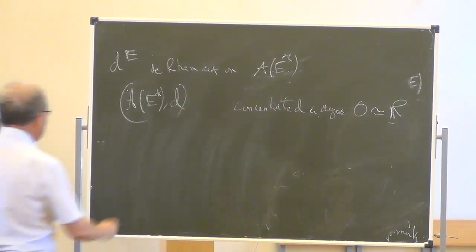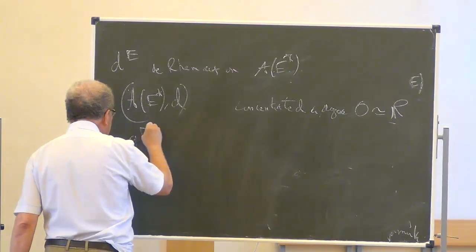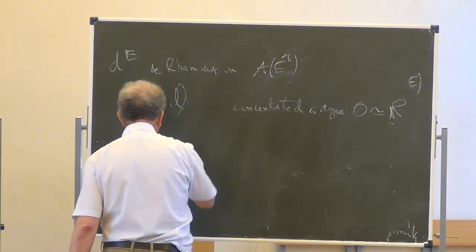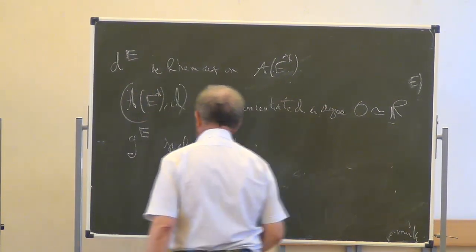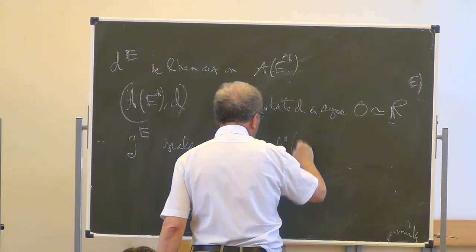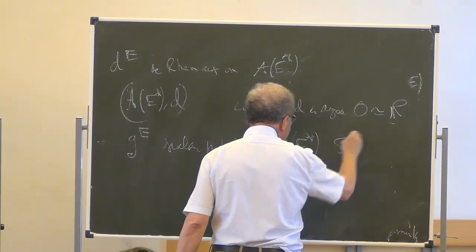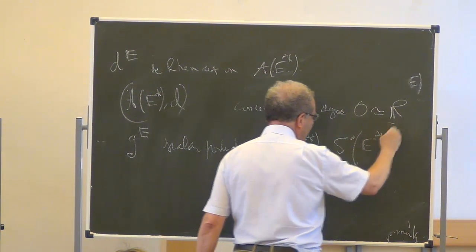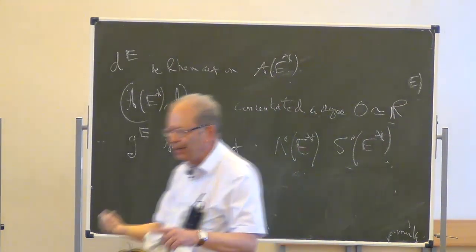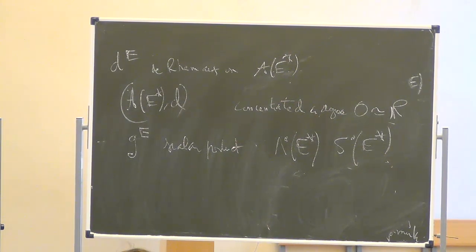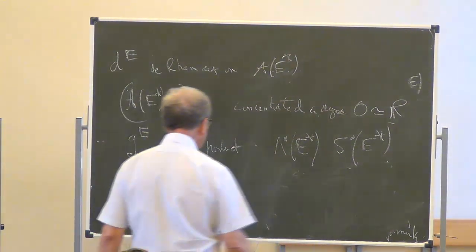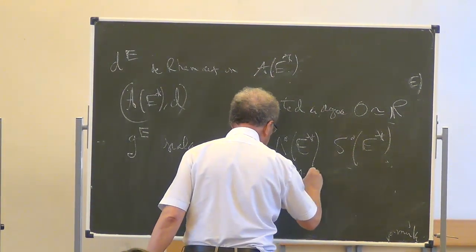So let me now introduce a metric g^E, a scalar product, say. So in this case, Lambda of E star and S of E star become themselves Euclidean vector spaces. They acquire a scalar product.